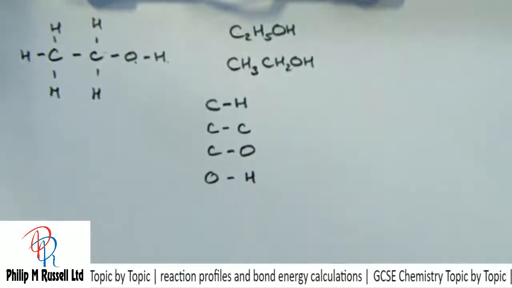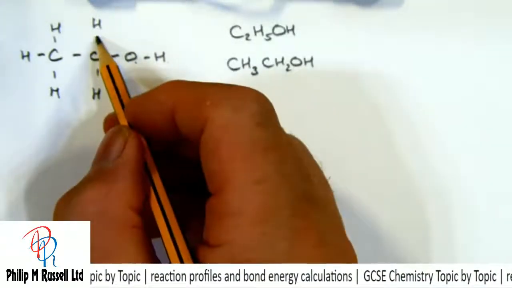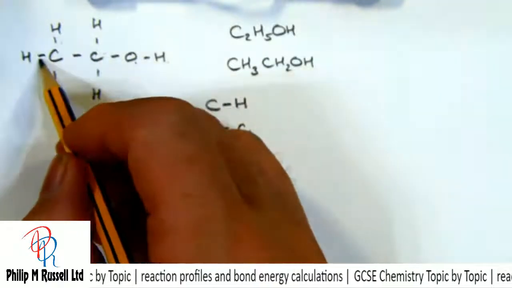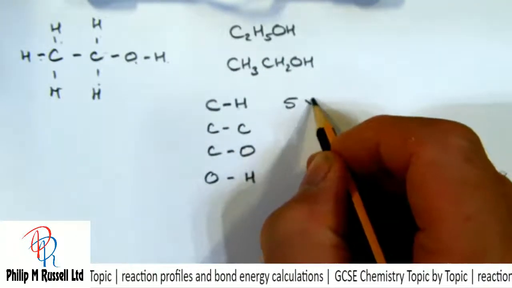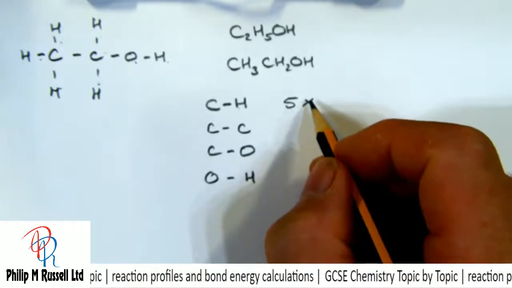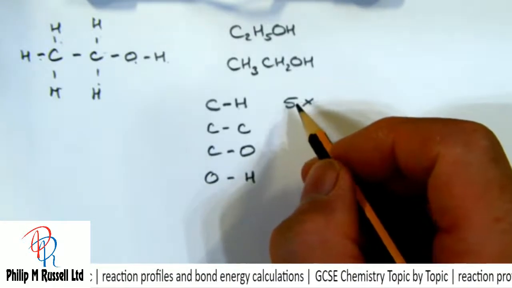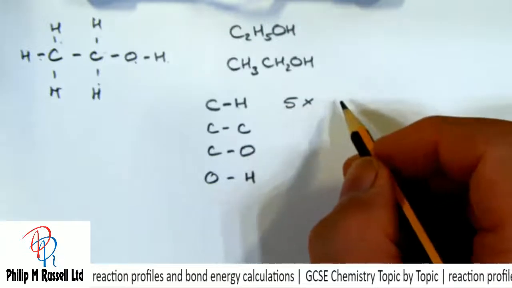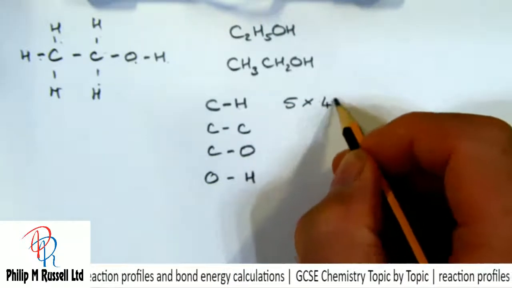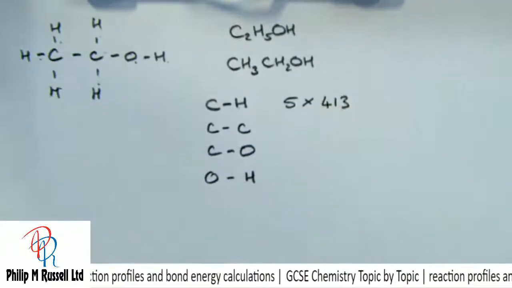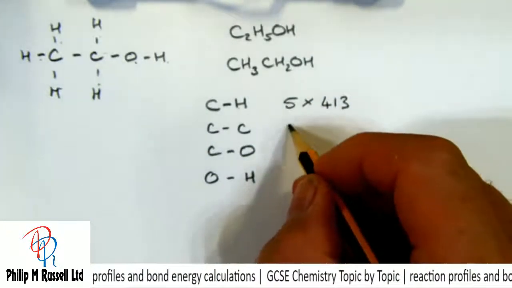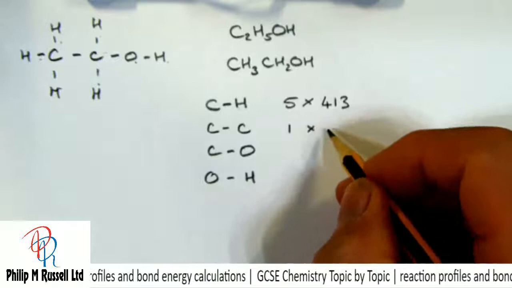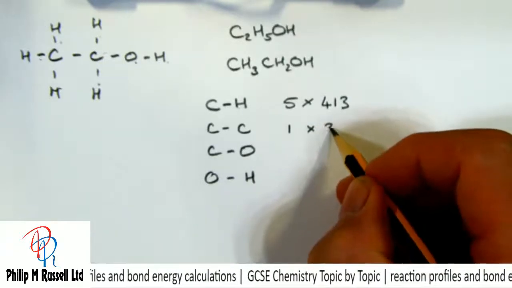So we've got for this 1, 2, 3, 4, 5 of those, and that one we've already worked out. We worked out the carbon hydrogen bond was 413. We've got a carbon bond, 1 of those, and we worked out that was 347.